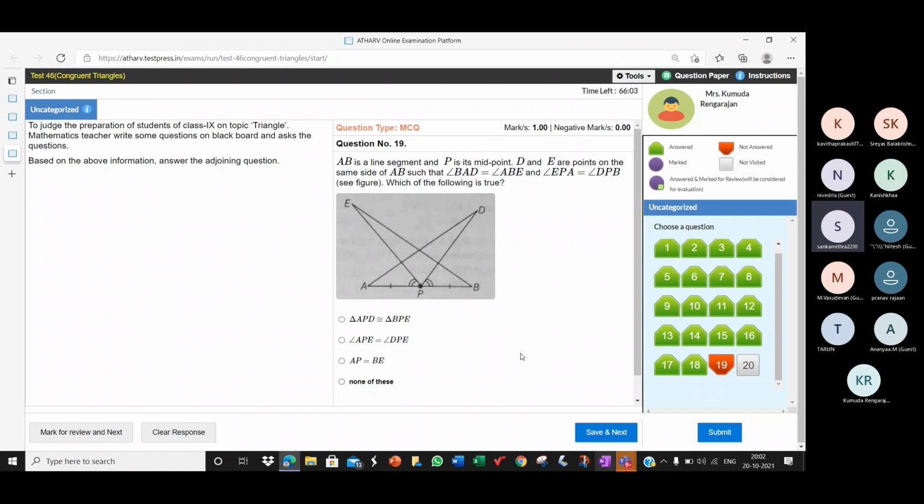Triangle APD is congruent to triangle BPE. AP is equal to BE. Okay, so she says this.